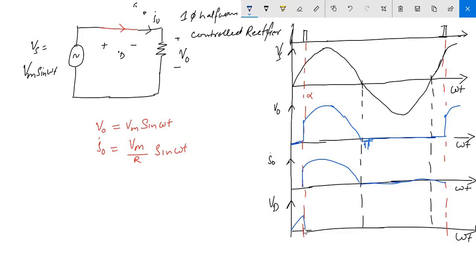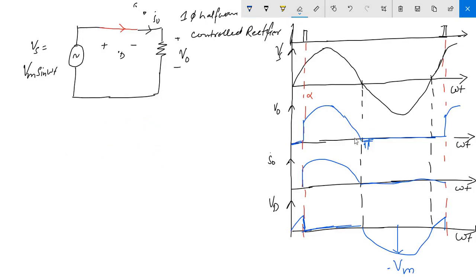This will be the shape of the voltage during this period, and it will be 0 from here to here, and then it has a complete negative half cycle and a positive half cycle. Okay, so your peak inverse voltage will be Vm.